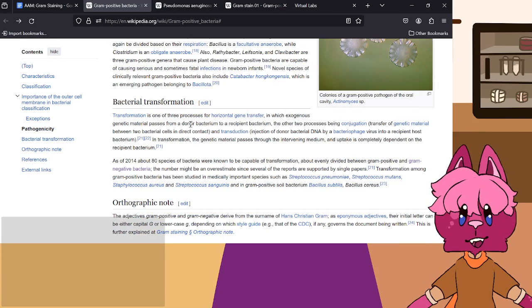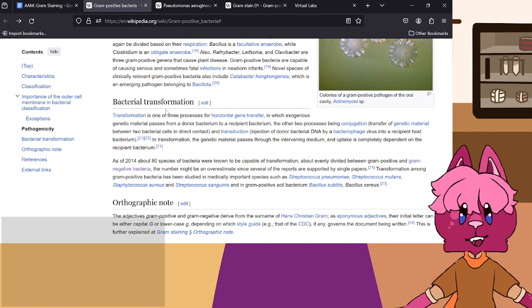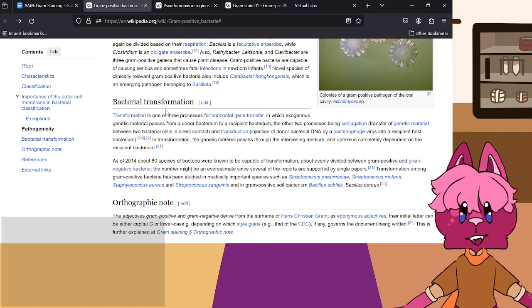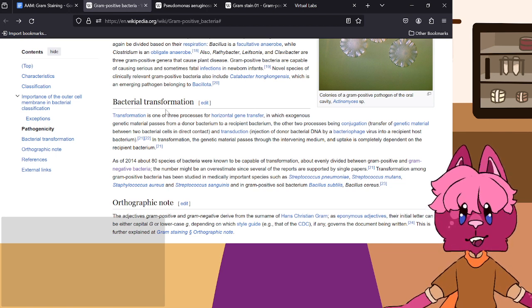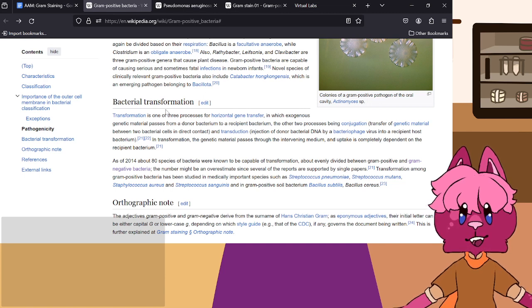Okay, so, and then bacterial transformation. Oh wait, this is cool. Sorry. So for context, my senior year, I had to do a kind of science fair thing, but kind of like research. And originally, what I wanted to do was genetically modify 3 different bacterial species. I went with E. coli. I wanted to do Bacillus cereus. Well, not Bacillus cereus, Lactobacillus.